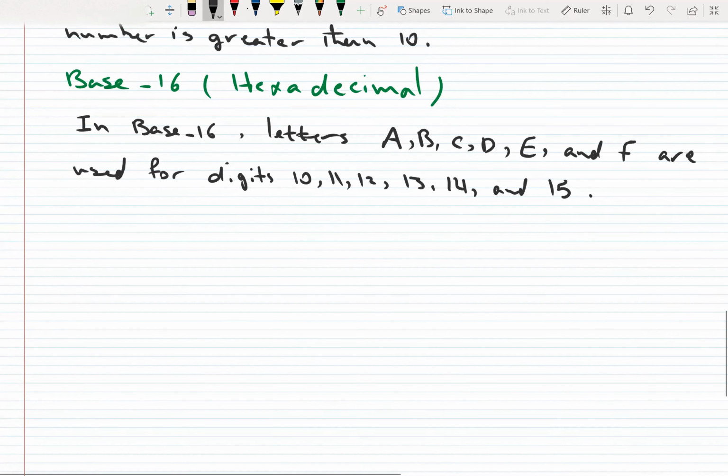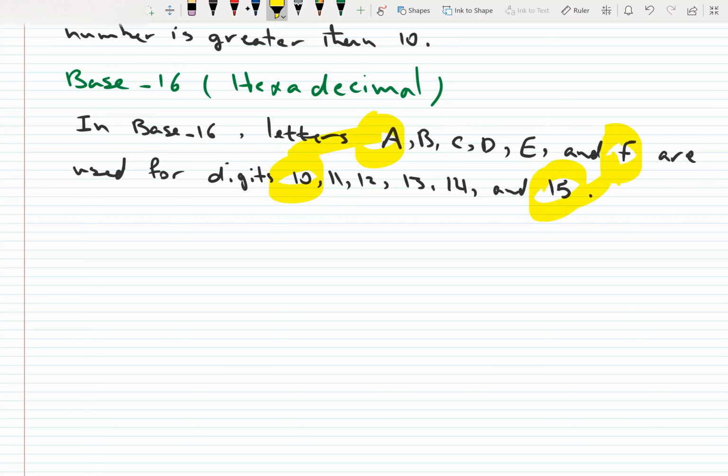So in base 16, instead of 10, because we cannot use 10 as a digit since it still consists of 2 digits, we use A. Instead of 15, we use F. So we use these letters to represent the coefficients in base 16.